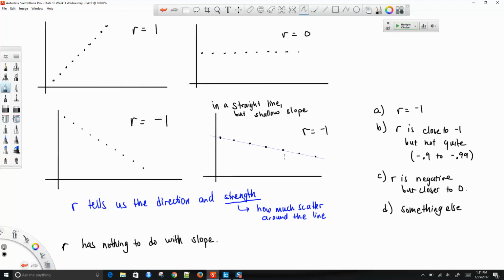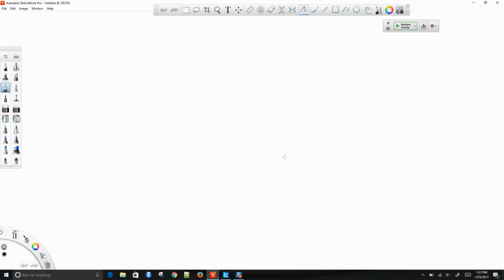We have just a few key points regarding r. As far as r goes, the order of the variables does not affect r.